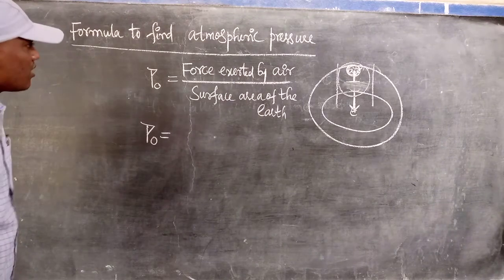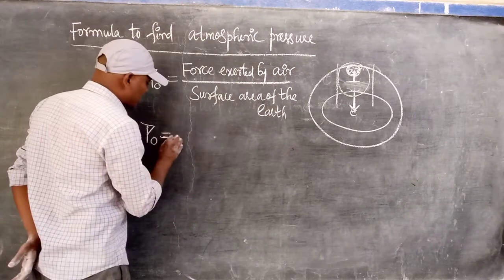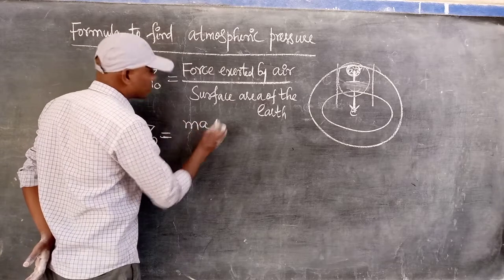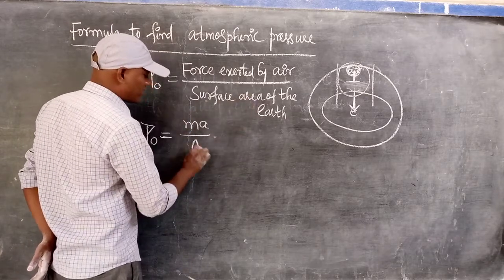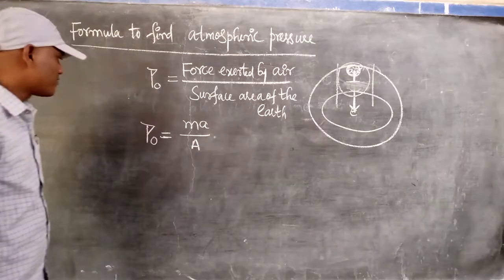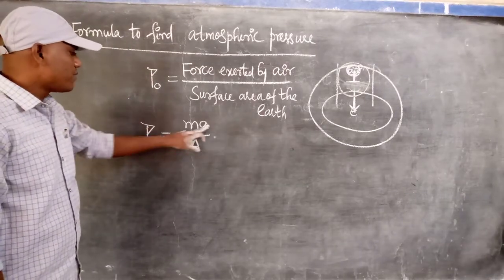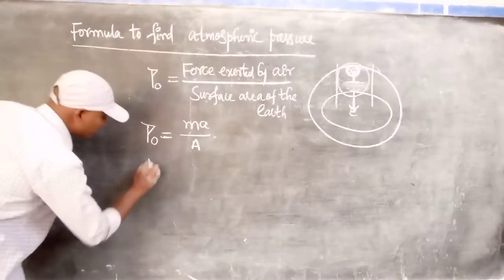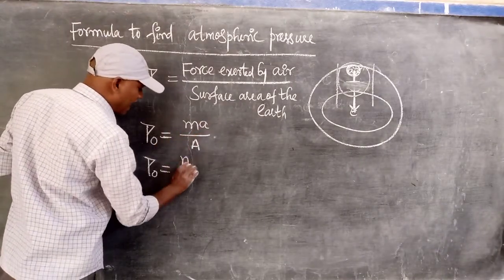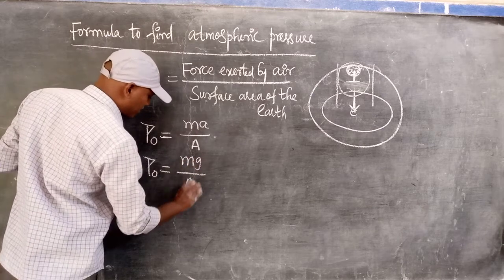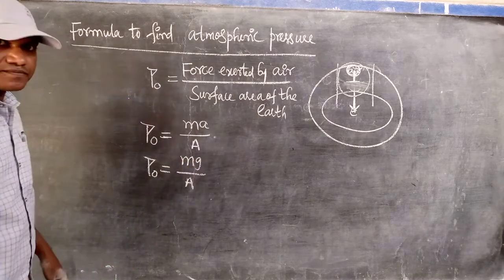We know that force, according to Newton's second law, F is equal to ma, and surface area we can say as A. Listen very carefully. P naught is equal to ma upon A. Then we write it as mg upon A. Why mg upon A?